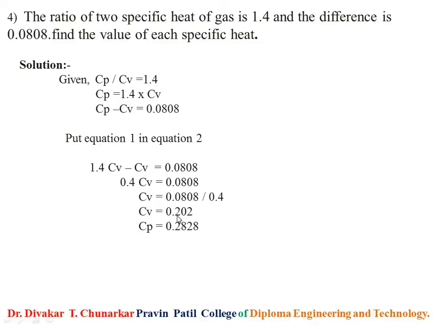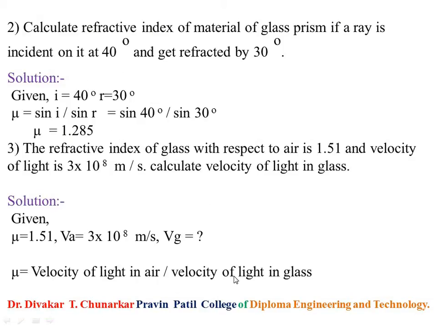We put the velocity of light in air, 3 into 10 to the power 8, and the velocity of light in glass Vg as it is, and mu equals 1.51. So velocity of light in glass equals 3 into 10 to the power 8 upon 1.51.